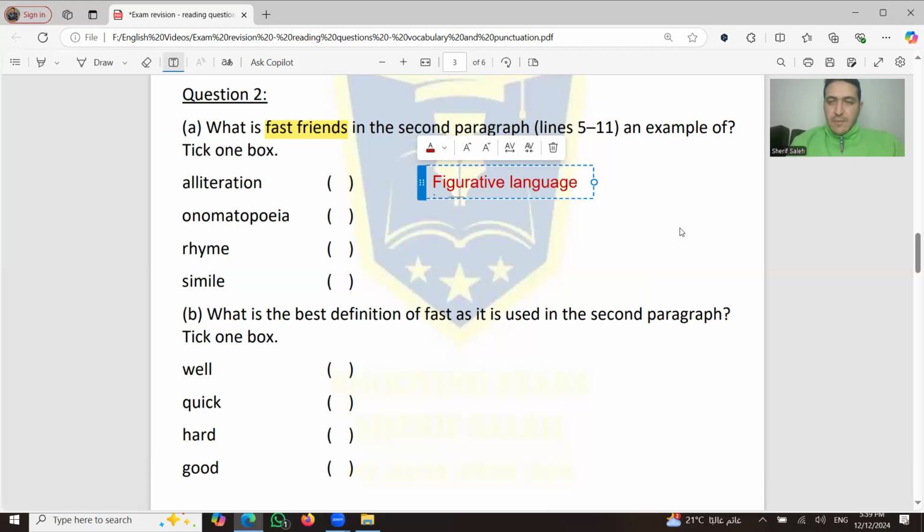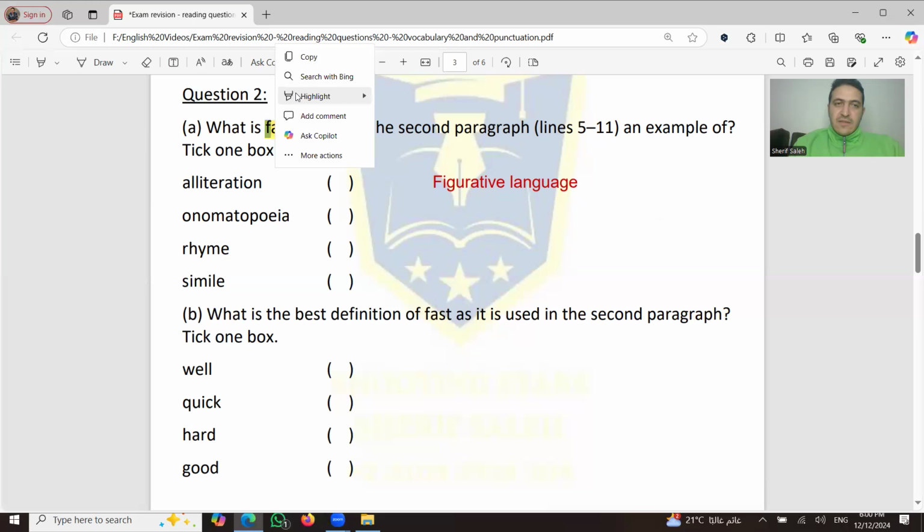And that's why it's very important to be ready and to know what figurative language means, or what the different types of figurative language are. Alliteration, onomatopoeia, rhyme, simile, hyperbole, personification, and so on. So that once you see fast friends, the two words start with the same consonant sound.